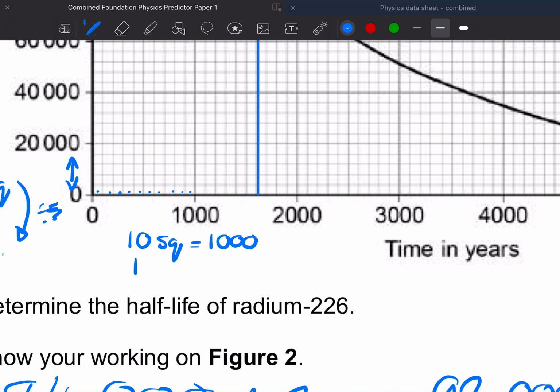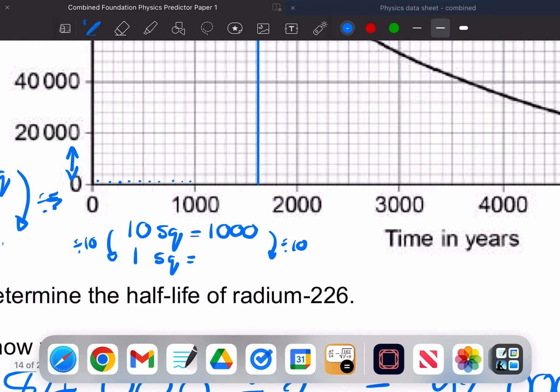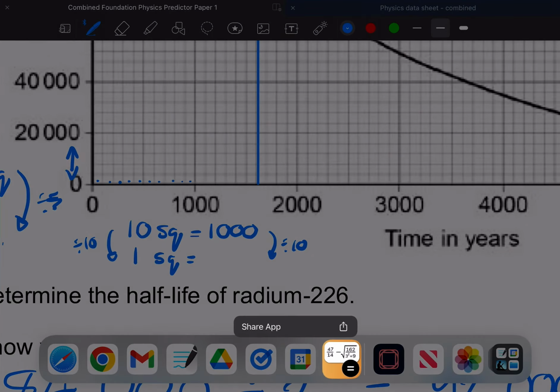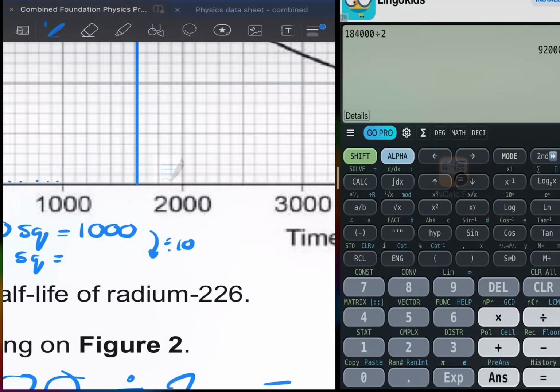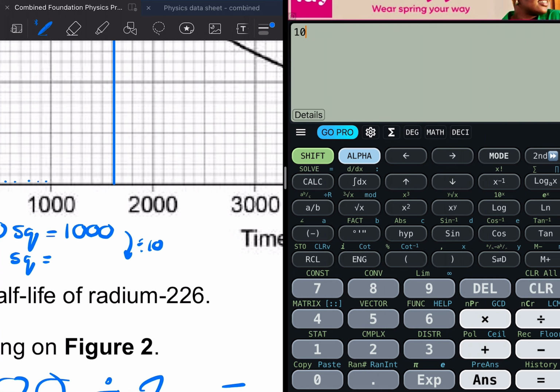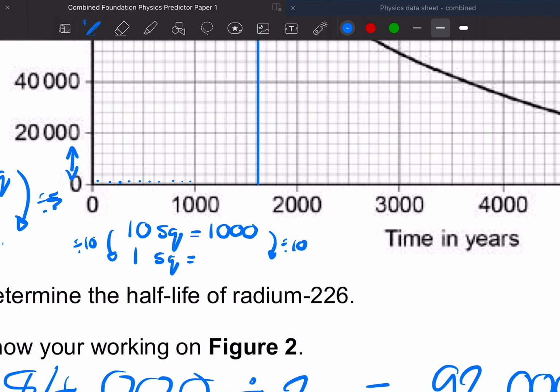What's 1 square worth? Well, we divide this by 10. 1,000 divided by 10. You might be able to do that in your head, but even still, I would use a calculator on exam day. 1,000 divided by 10 gives us 100. So each square is worth 100 years.